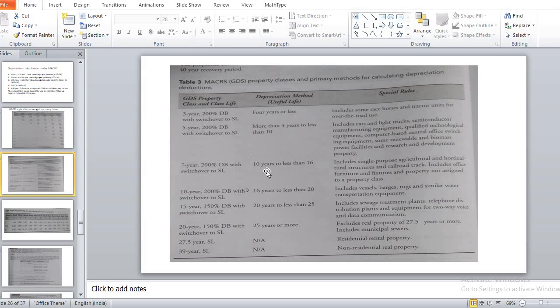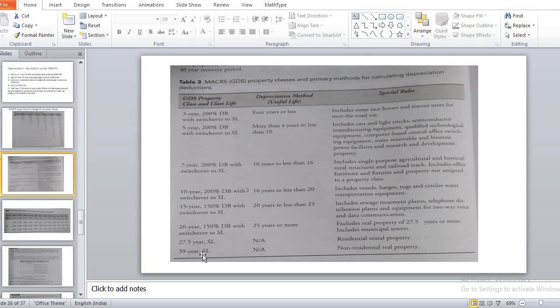So for each useful life period of a particular class, we use these types of depreciation methods: 200% declining balance with switch over to straight line, 150% declining balance with switch over to the SL method, and straight line for such cases. For property classes having a useful life of more than 25 years, we simply use the straight line method for depreciation calculation.